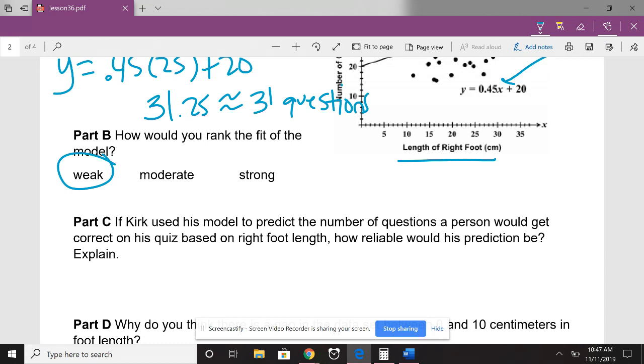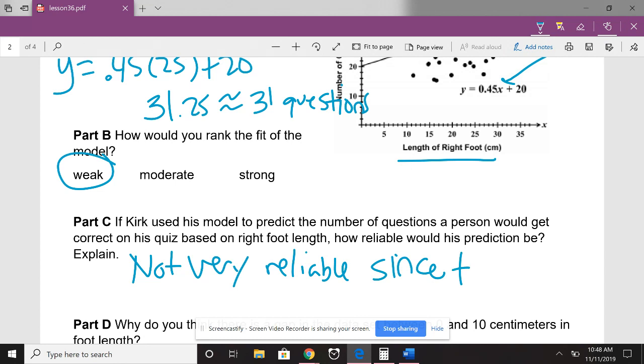I would say it's not very reliable, since the data points have a weak association.